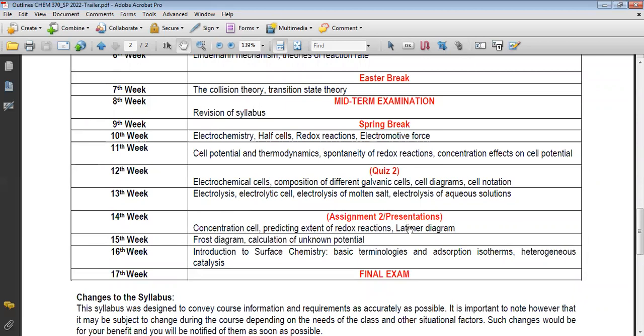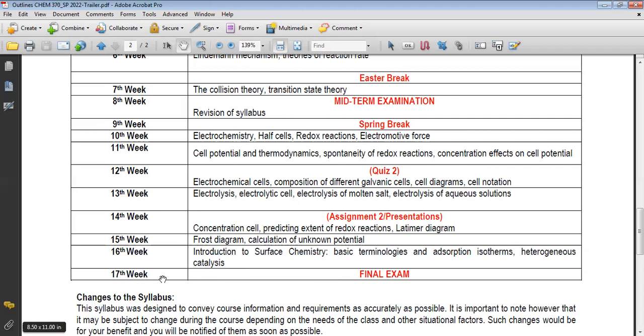We will discuss in detail, following two important diagrams, the Latimer diagram and the Frost diagram, to calculate unknown potentials. And at the last, I will cover very basic knowledge towards the introduction to surface chemistry.